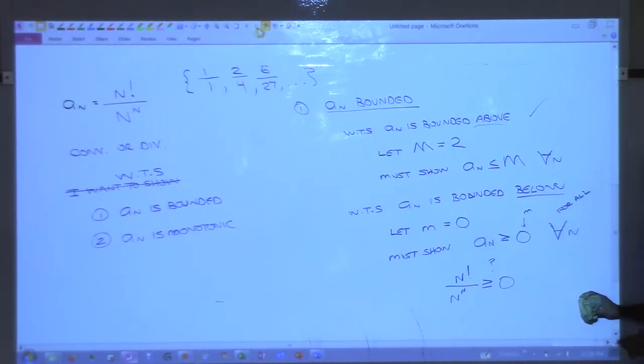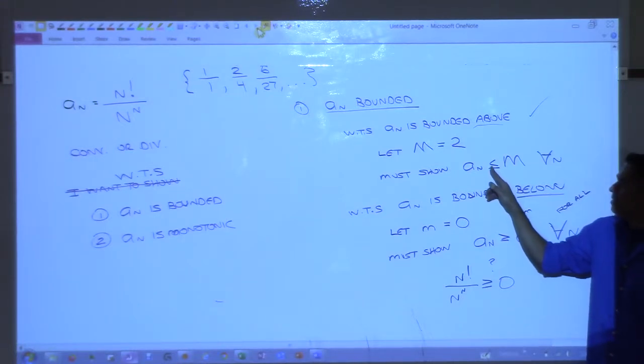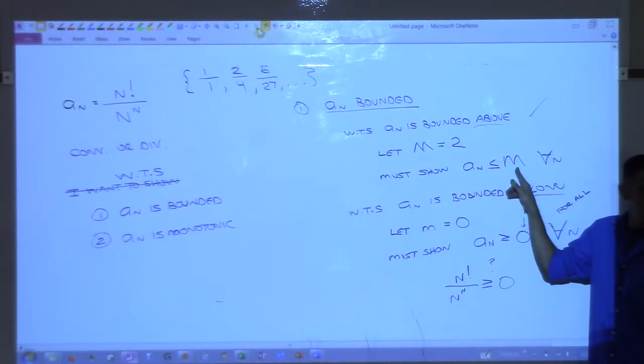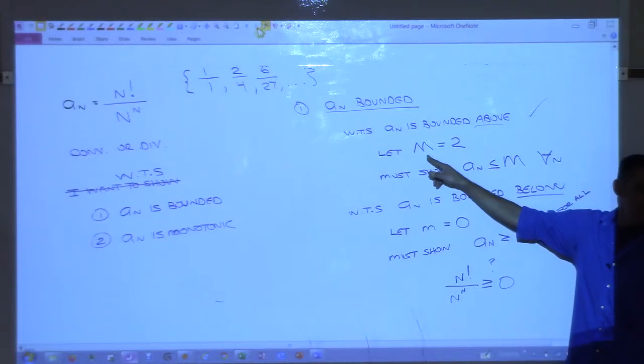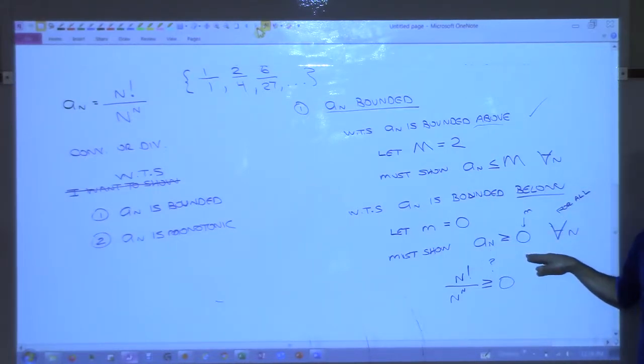Does it matter if you put 2 or 0 and big N and little n? No, because this inequality really means a sub n is less than or equal to 2, because I have established what capital M is. Here, I established what capital M is, and I'm just stating what it means to say it's bounded below.